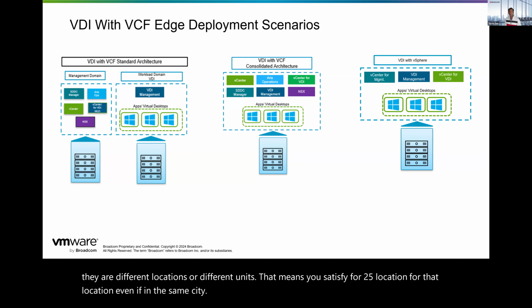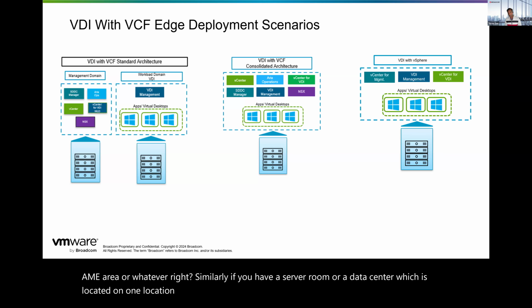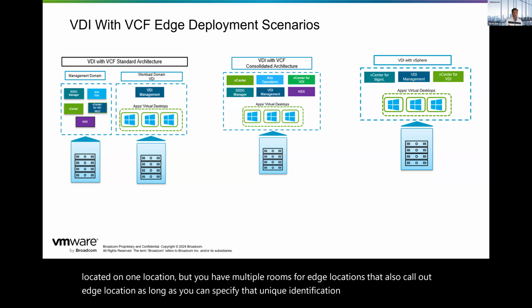Similarly, if you have a server room or a data center at one location, but multiple rooms for edge locations, that is also called an edge location as long as you can specify a unique identification number. That's how the 25 locations come under that umbrella.